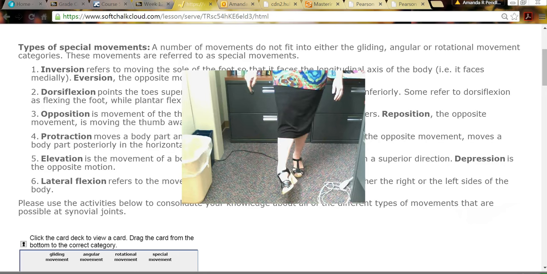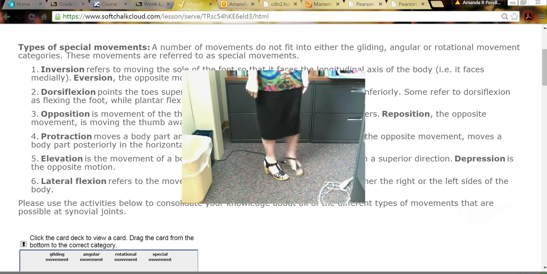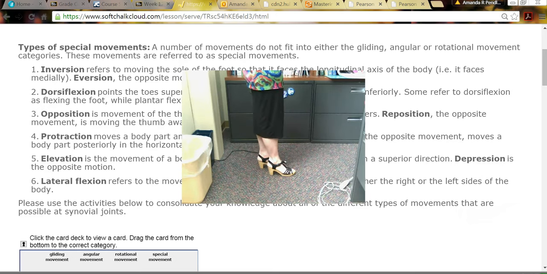Okay, so inversion, eversion. The next movement also refers to the foot. Okay, and so we're talking here about dorsiflexion and plantar flexion. Okay. So dorsiflexion means that you're bringing the toes upward. Okay, so here they're regular, and now we've brought those toes upward.